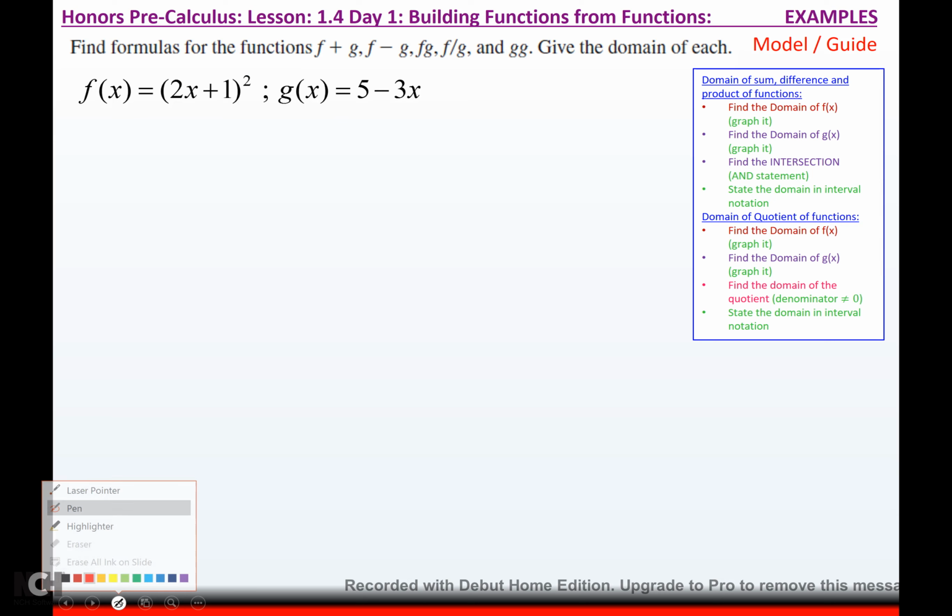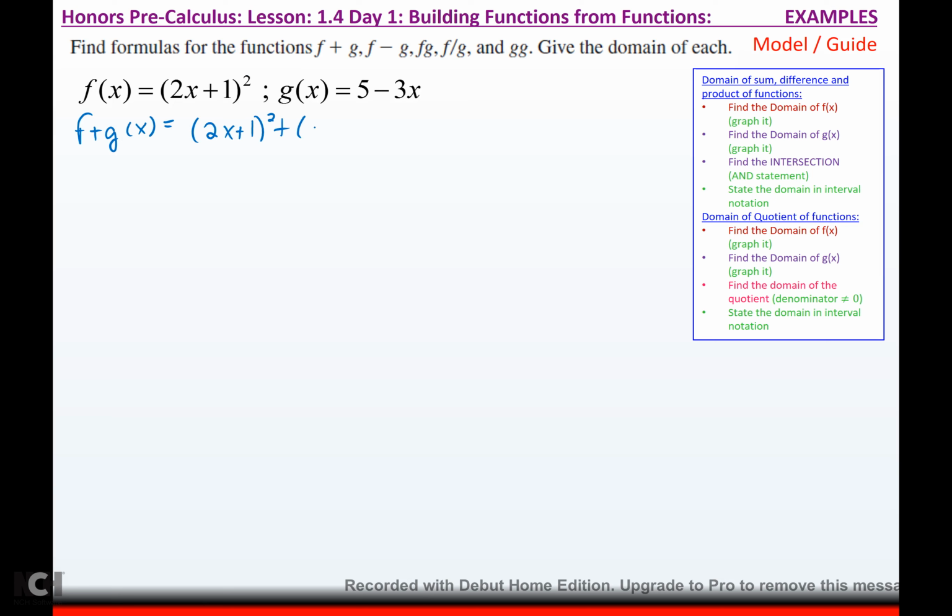Alright, so if we try another one, they want me to do f plus g. So if I do f plus g of x, I'm going to have the f function, 2x plus 1 squared, plus the g function, 5 minus 3x.